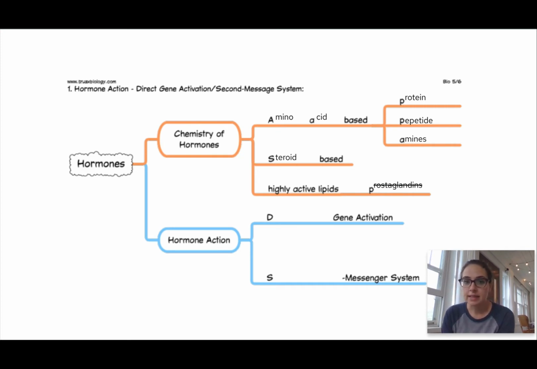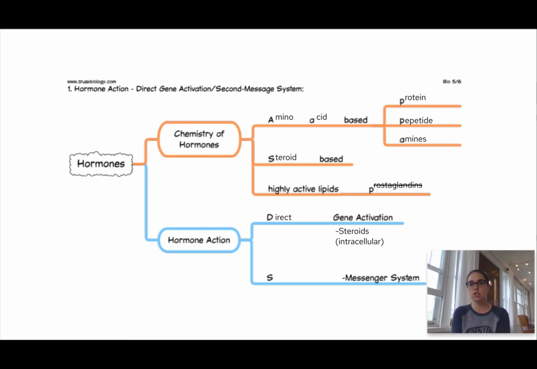And then the way that those hormones act on cells is these two little bottom things in blue. So either they can directly activate genes inside the nucleus, and that's what steroids do.